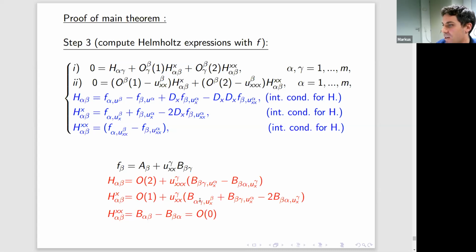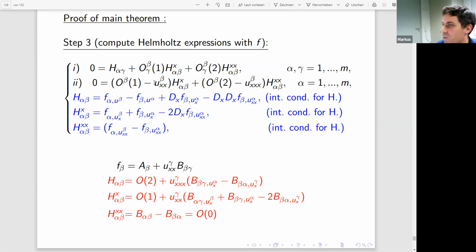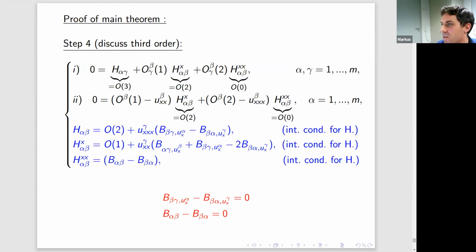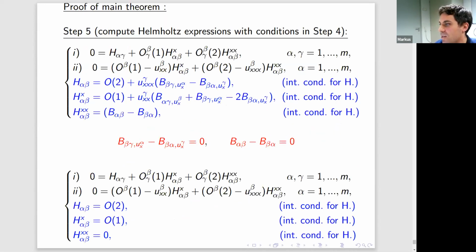And then you have this form, plug it into your equation here and look precisely at the third order expressions. I did this here, which again must vanish separately, for example, because then this is only second order, this is first order, this is already zero order and so on. So this must vanish separately again, the third order, and you get new conditions and you plug it in again and again, and I think I will not go through the details.